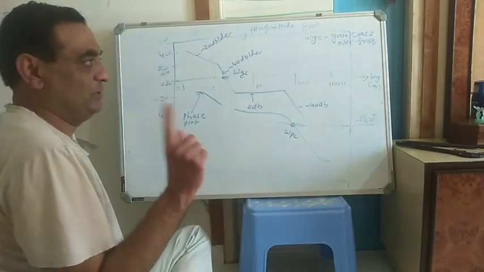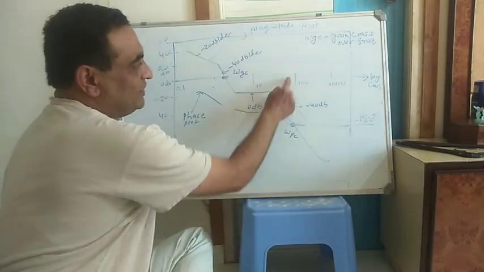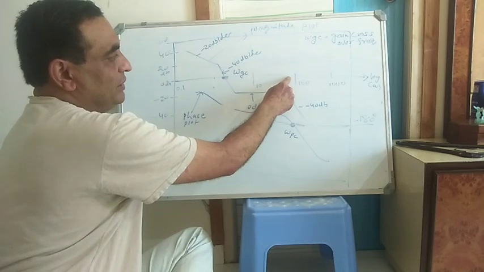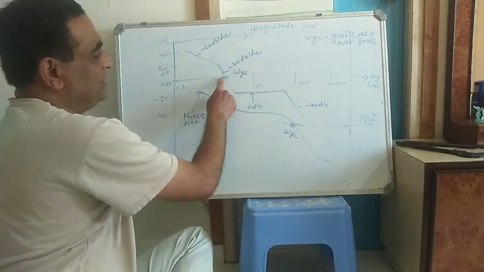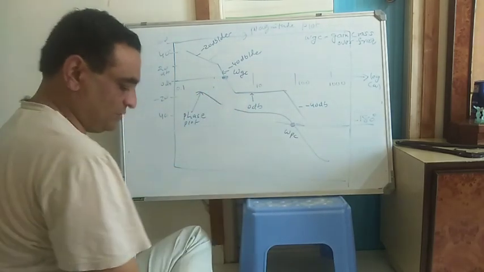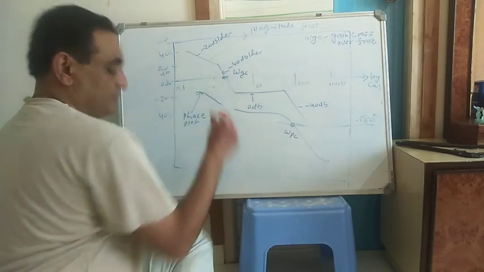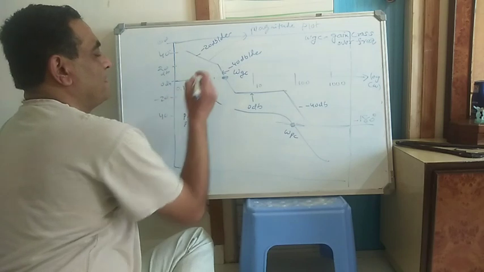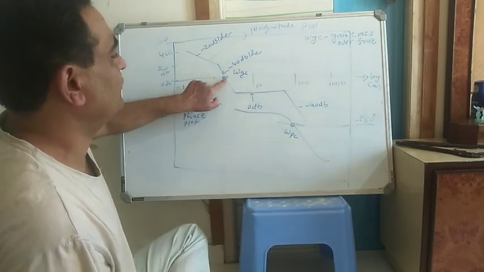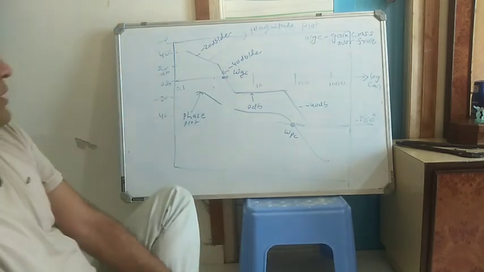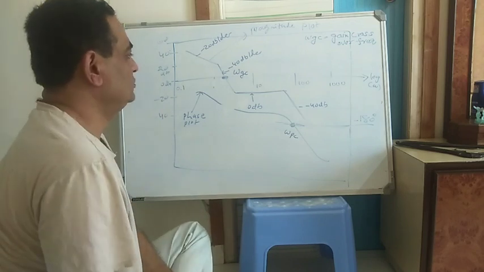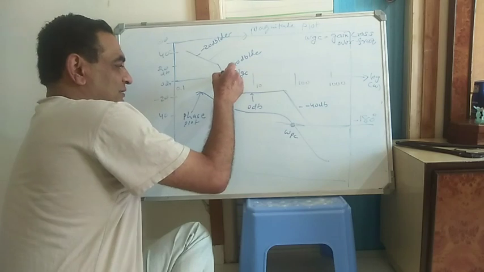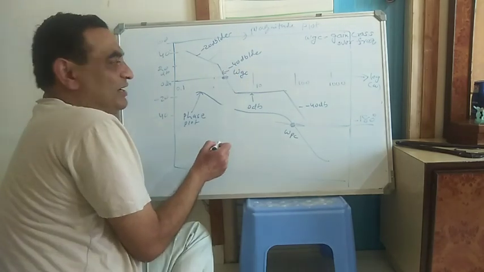Both are frequencies. Omega PC is maybe around 90, and omega GC is around 3 or 4, between 1 and 10. Now you project this line onto the minus 180 degree line.